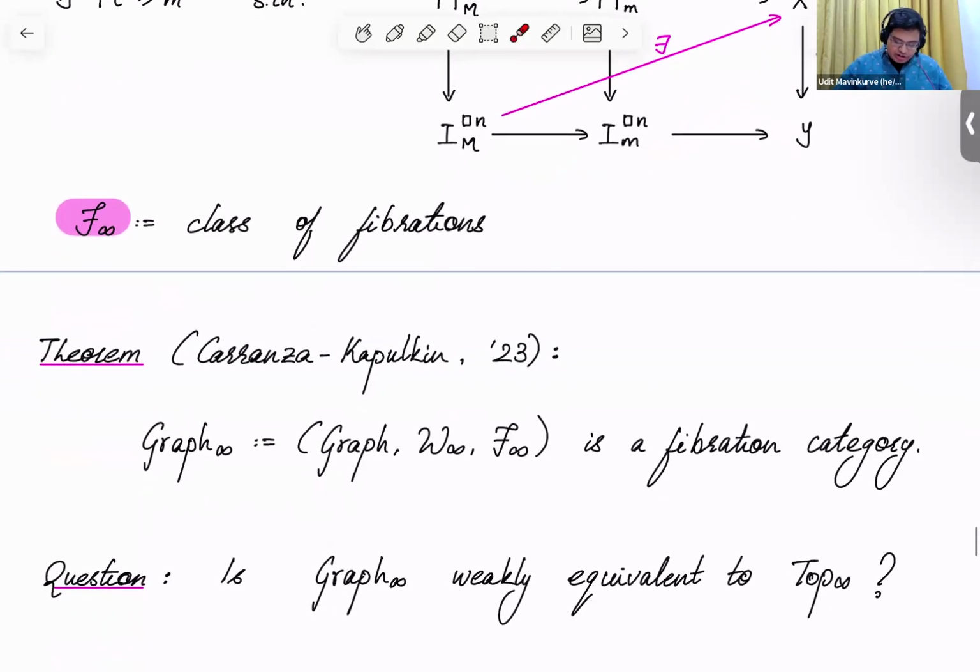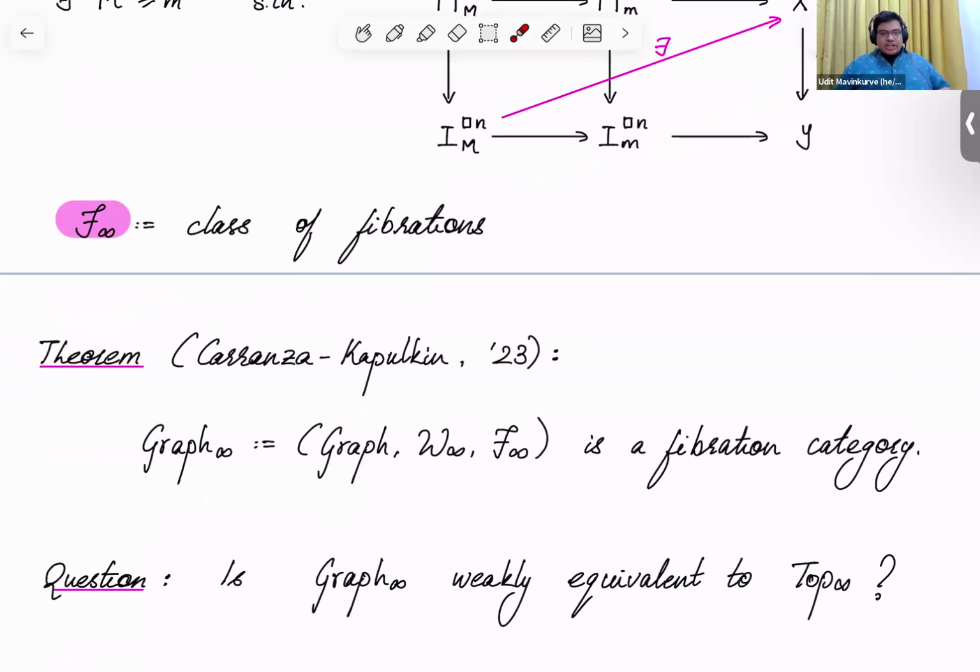But naturally, when you have a fibration category structure for homotopy types of graphs, the question you might want to ask is: is this fibration category weakly equivalent to the fibration category of homotopy types of spaces? So there is a specific construction. I mentioned in reply to a question that you can adjoin an n-cell every time you have an n-dimensional cube sitting in your graph.